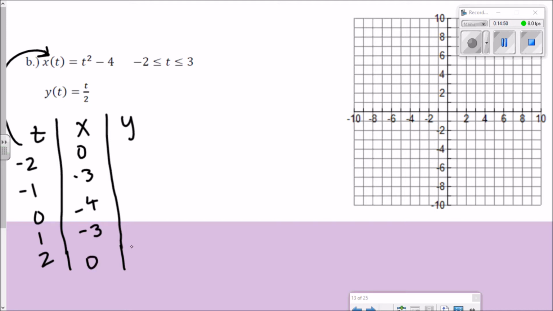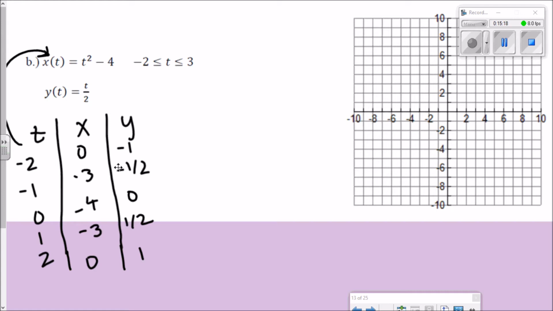All right, next is y value. So y value is just my t value divided by 2. So I'm going to take -2, divide that by 2, that's -1. -1 divided by 2. 0 divided by 2. 1 divided by 2. 2 divided by 2. Okay, so my points are going to be 0, -1, -3, -1/2, -4, 0, -3, +1/2, 0, 1.